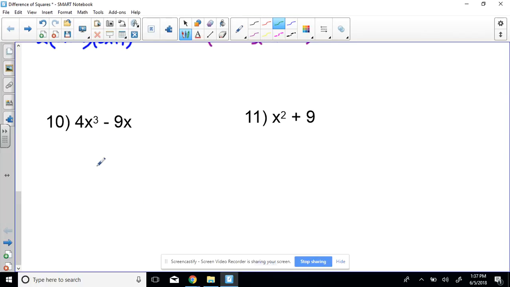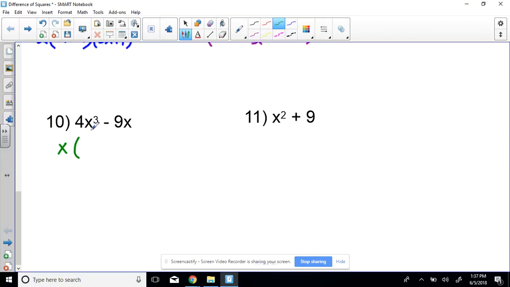Right on this one, now, I can't divide 3 by 2. If I do, wouldn't that give me 1.5? Well, that's not an even number. So what we're going to have to do is see what I can pull out. What's my greatest common factor? Well, they both have an x in common, so I want to pull an x out.